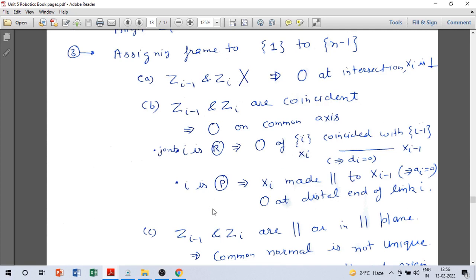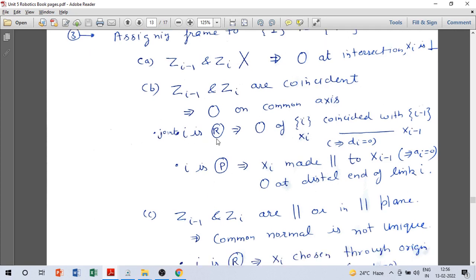So the algorithm says that if joint i is revolute, then the origin of frame i coincides with the origin of frame i minus 1, and x_i coincides with x_{i-1}. This also results in making the parameter d_i zero, the joint parameter the way it is defined, as you saw previously.